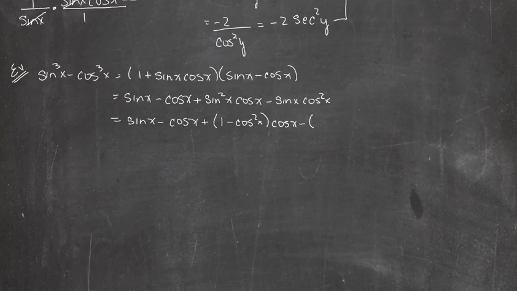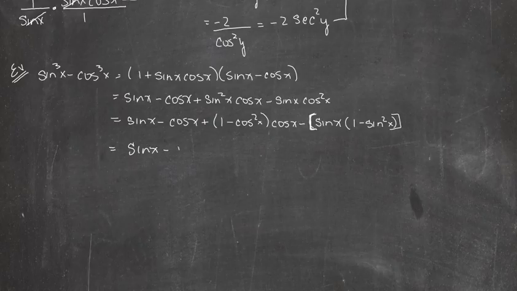I'm going to have sine x times, that's a negative protecting bracket, so times 1 minus sine squared of x, just using the Pythagorean identity again. Now I'm going to do the distributions.